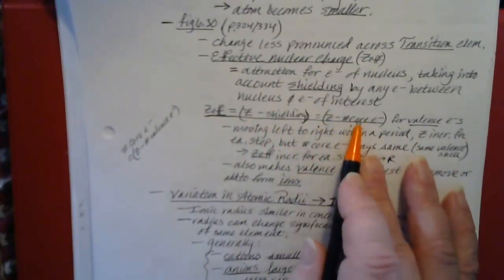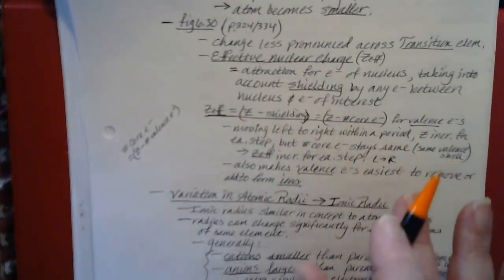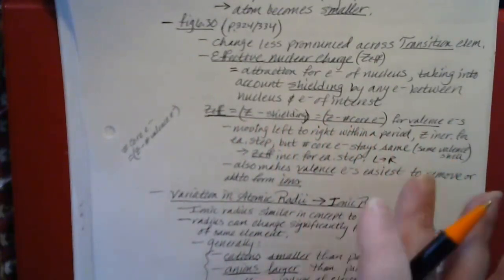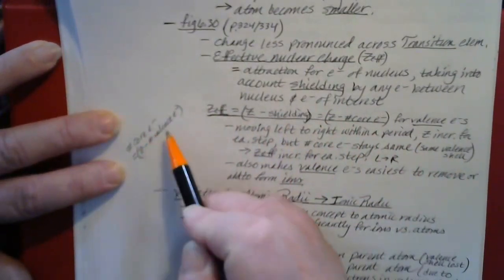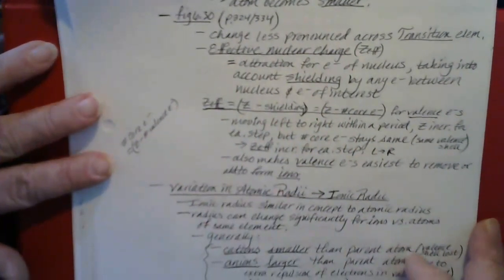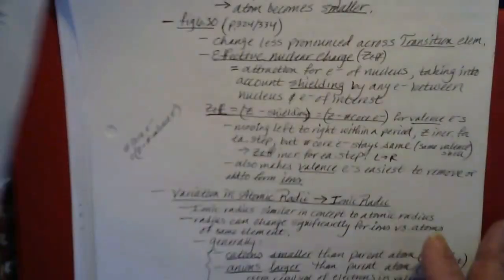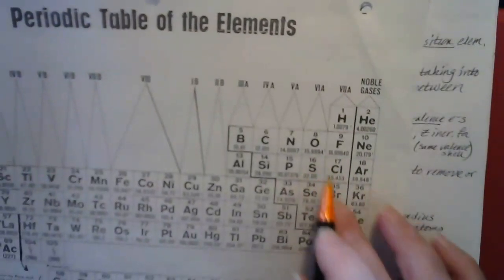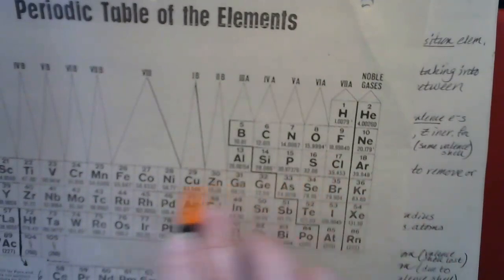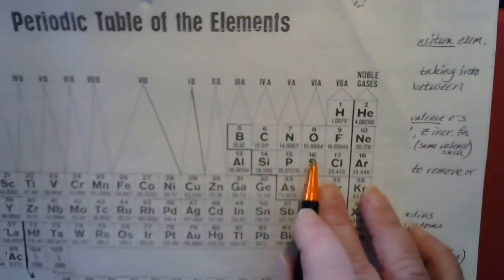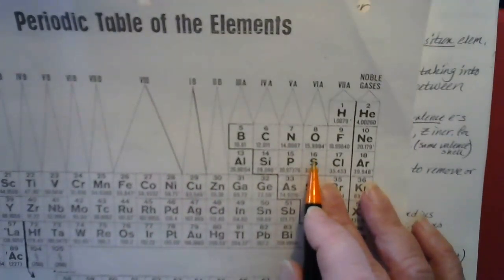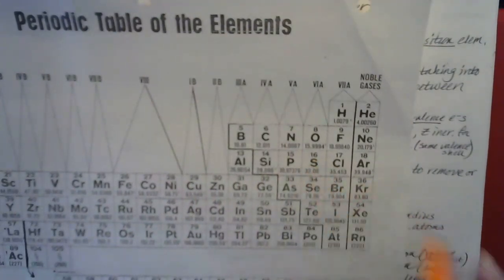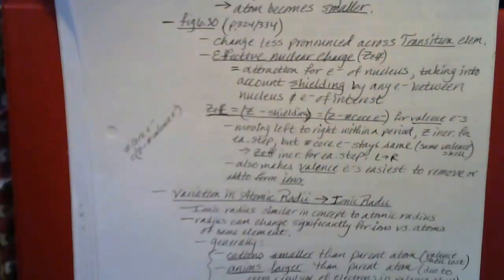So Z minus the number of core electrons. And the core electrons are just any electrons that are not in the valence shell. So core electrons would just be Z minus the number of valence electrons. If you're talking about something like, say, sulfur, sulfur is atomic number 16, which means that it has 16 protons. And it has, let's see.